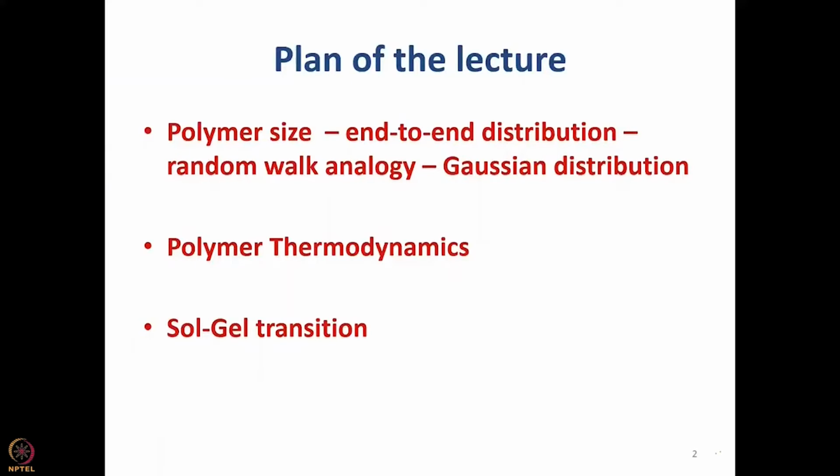Now, on the next slide, I give the plan of the lecture. This is something we did in the last lecture: polymer size, the end-to-end distribution, and the random walk analogy, which takes you to the Gaussian distribution. Then we started polymer thermodynamics. We'll do a little bit more of polymer thermodynamics, and we'll talk about two kinds of phase transition in polymers.